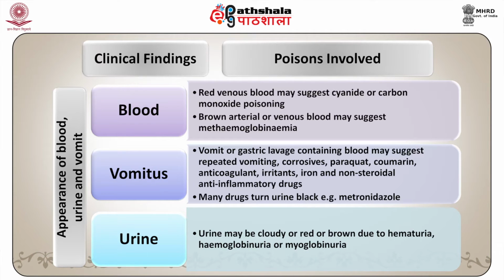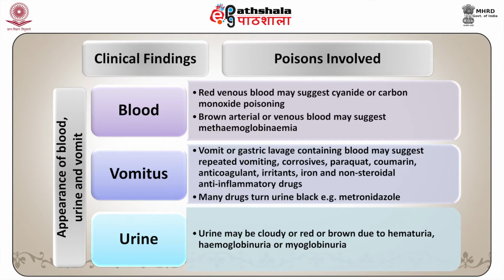If blood is there, the red venous blood may suggest cyanide or carbon monoxide poisoning. Brown arterial or venous blood may suggest methemoglobinemia. In case of vomitus, vomit or gastric lavage containing blood may suggest repeated vomiting.